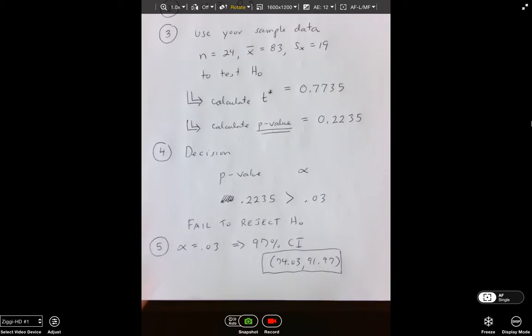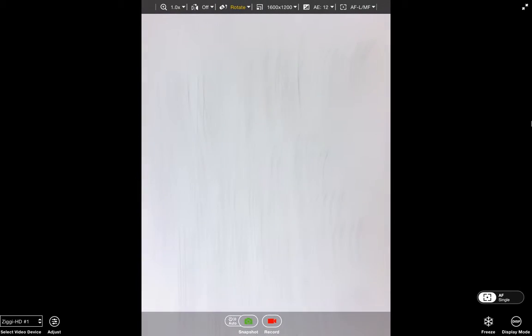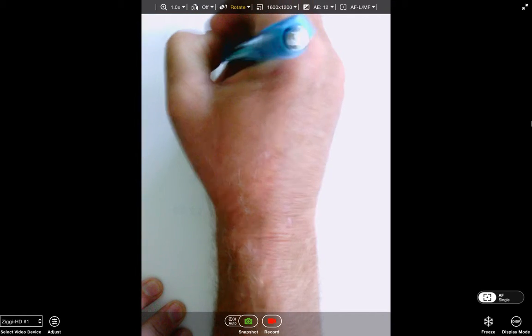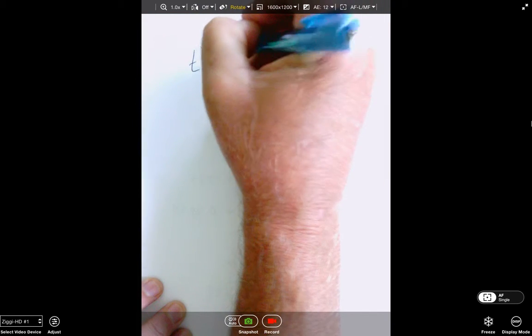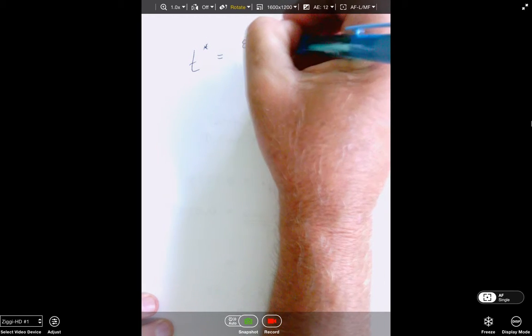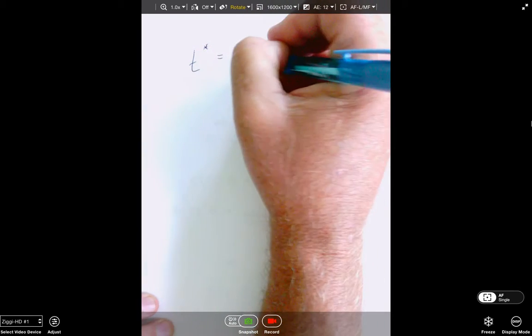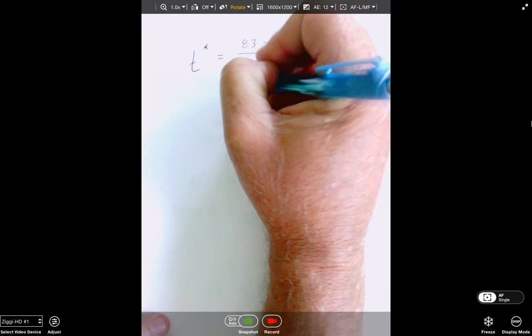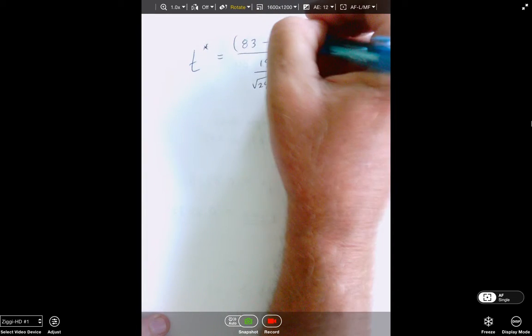Okay. Now, if you want to see how the p-value and the test statistic are calculated, guys, the test statistic is going to be really easy. It's just going to be 83 minus 80 over, what was the standard deviation, 19 over the square root of 24.